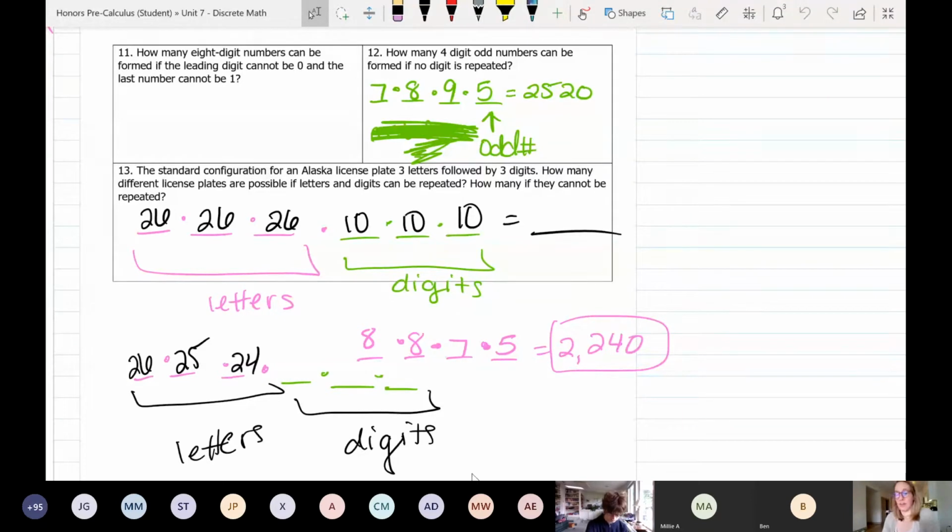We do the same thing with digits: we start with 10 digits, the second digit has only 9 options, and the last digit has only 8 options. Then we multiply all those together, and that gives us the answer.